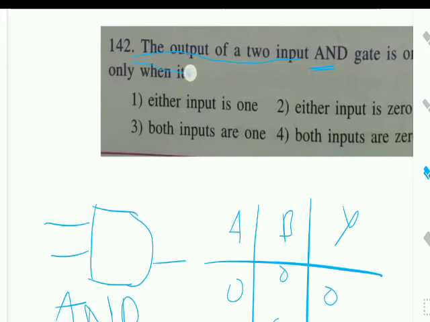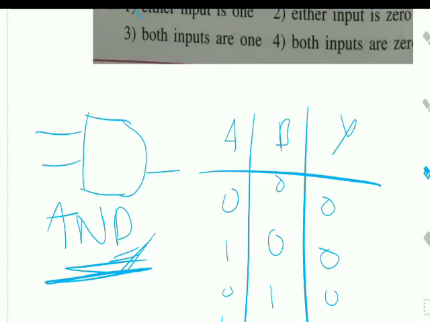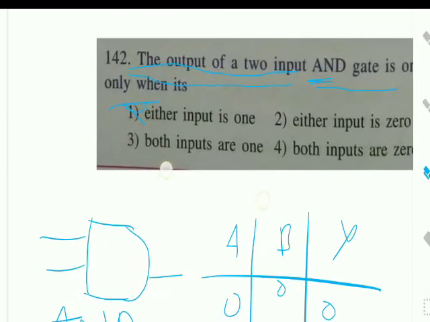The output of a two-input AND gate is on only when either input is 1: wrong answer. If one input is 1 and the other is 0, the output will be 0. So the first one is wrong.